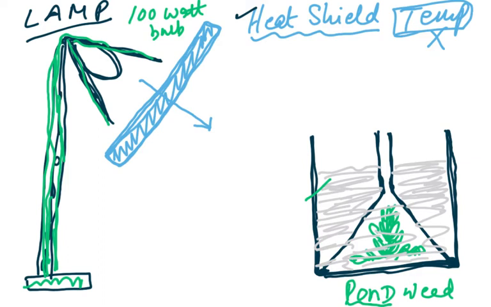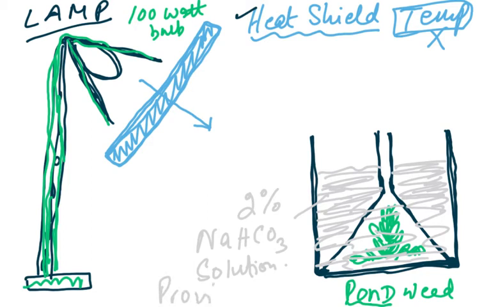I think we could put 2% sodium hydrogen carbonate solution. And this sodium hydrogen carbonate solution is going to provide the CO2 to this plant.